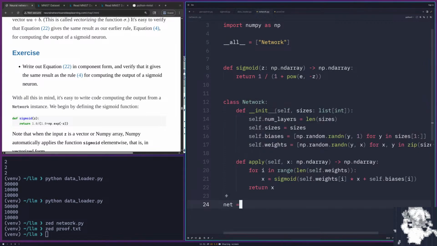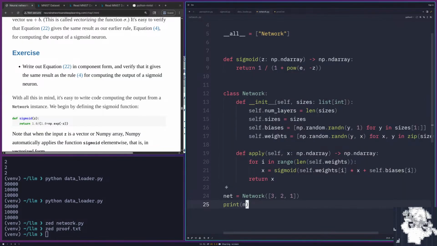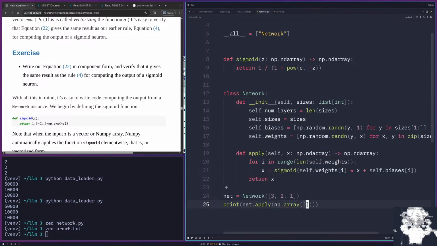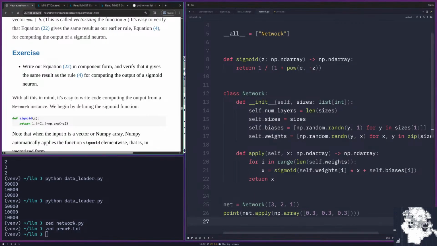Net equals network of three, two, one. Print net dot apply np.array, you know, 0.3, 0.3, 0.3. Python network.